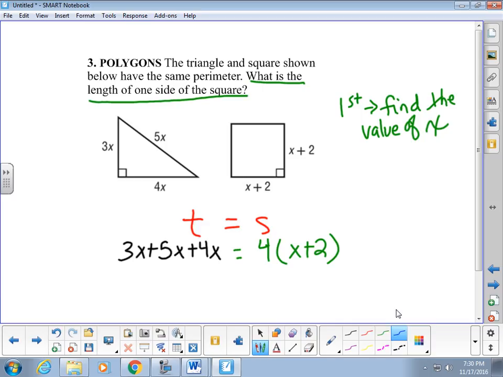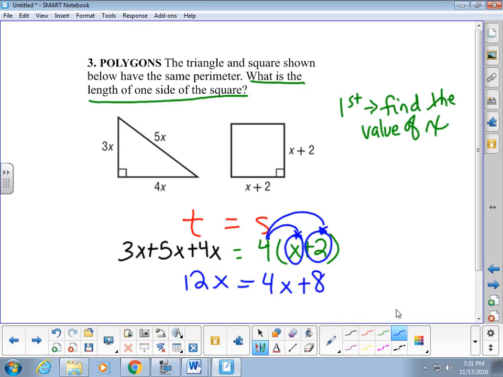Well, 3x plus 5x plus 4x, I can add them all together. So 3 plus 5 is 8, and 8 plus 4 is 12, so I got 12x equals, and then I distribute. I have x and I have a plus 2, so 4 times x is 4x, and 4 times positive 2 is a positive 8.